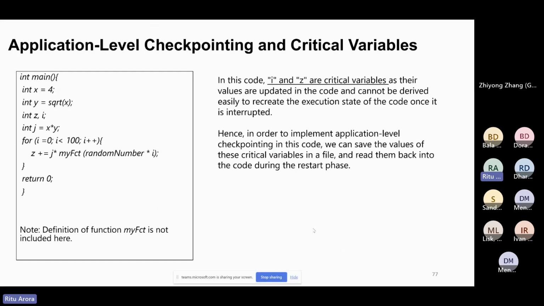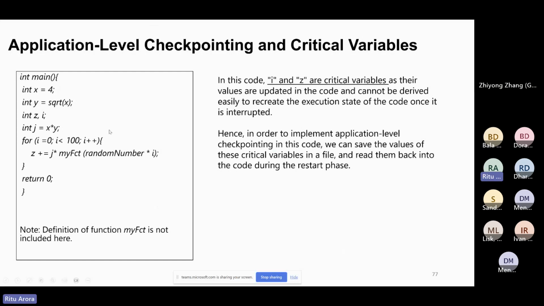At the very onset of identifying how to implement application level checkpointing in the code, it's important to understand the concept of critical variables. Critical variables are those variables whose state we cannot compute or find by looking at the state of other variables in the application.